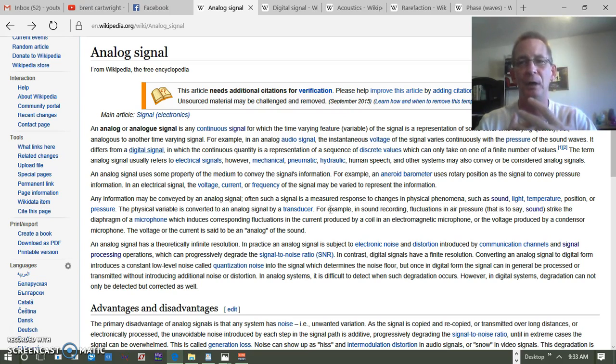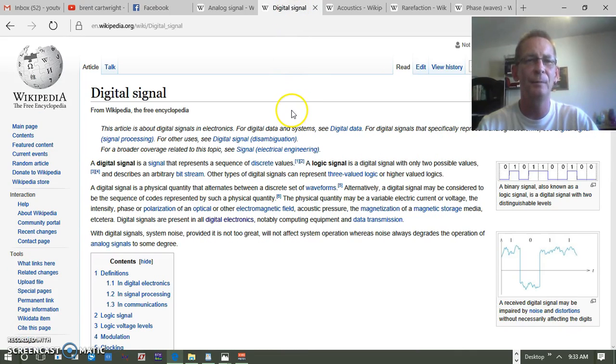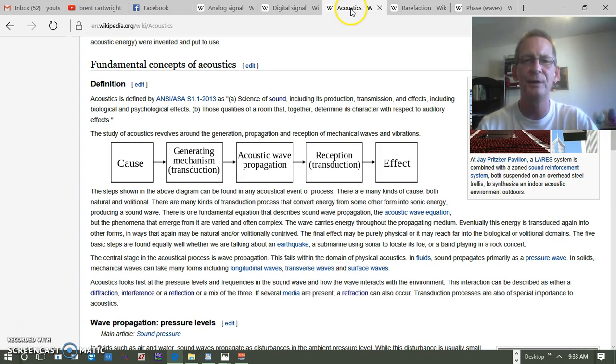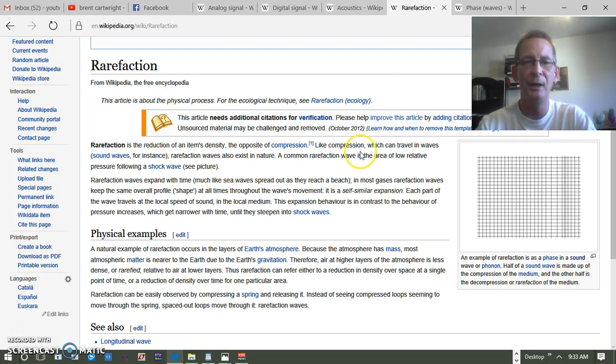And when it goes into your electronic circuitry, as we've already talked about in the acoustics, you have the cause, the generating mechanism, transduction, the acoustic wave propagation, the analog signal through the air, the reception and the transduction. Now, the reception and the transduction is a huge part of this analog signal, because when it hits any type of transducer, you're going to end up with rarefaction and compression.